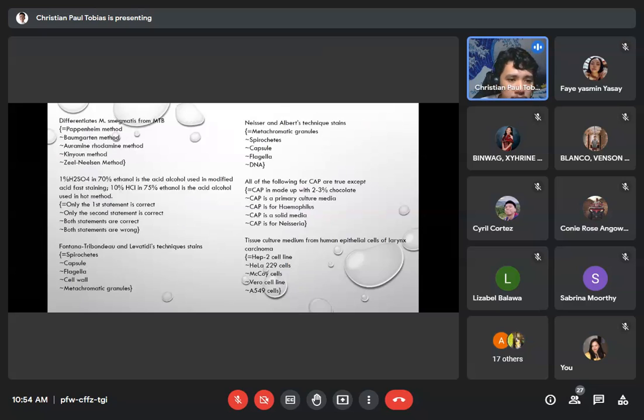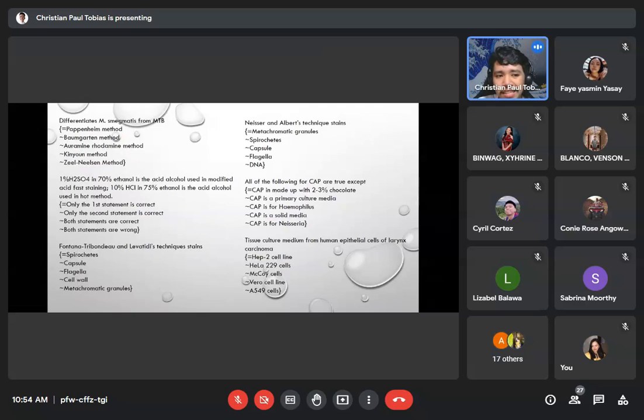Okay. To differentiate Mycobacterium smegmatis from MTB, your Pappenheim method. Baumgarten differentiates Mycobacterium leprae from MTB. Okay? The auramine-rhodamine method is selective for the wall of acid-fast bacilli.